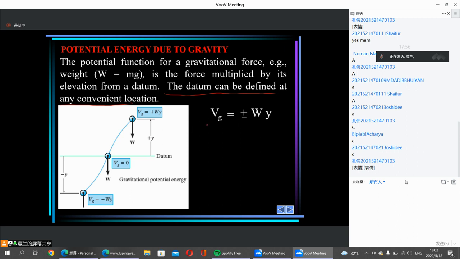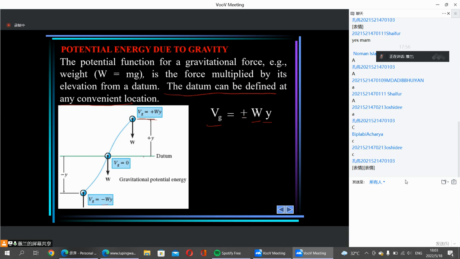And then the potential energy will equal the weight times the vertical distance to the datum line. It can be positive or negative here. So when it's above the datum line, the potential energy by the gravity force will be positive, or it will be negative below.